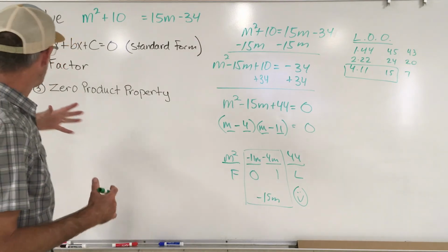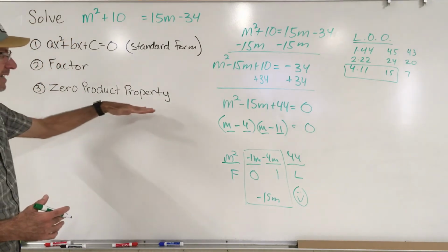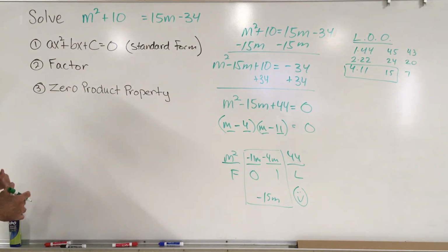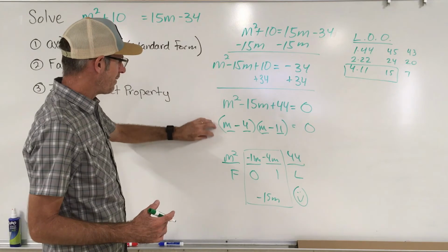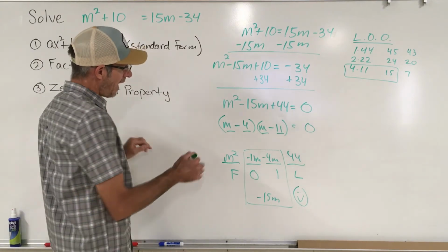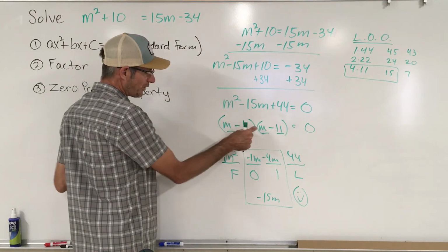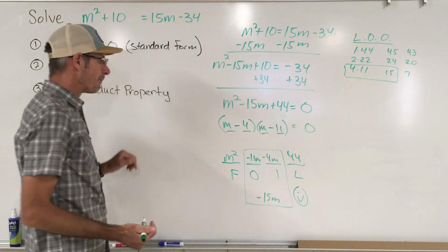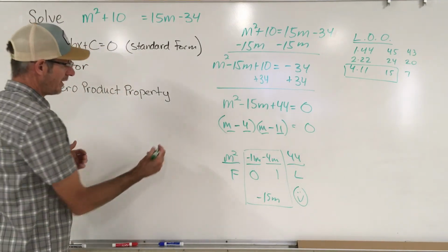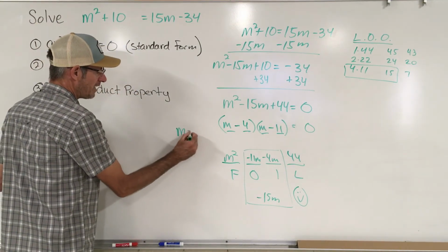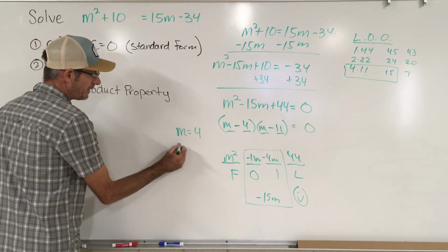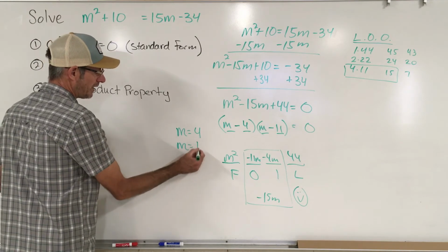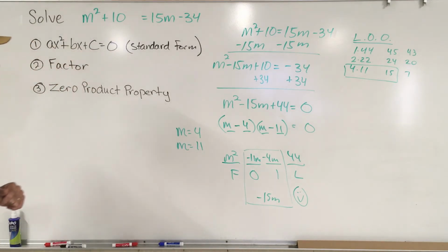So now I have to use the zero products property to find the solutions to this equation. It looks like there's no m in front of the parentheses. My coefficients in both cases are unwritten 1s, so I can just use the opposites. So my answers are m equals the opposite, which is positive 4, and m equals the opposite, which is positive 11, and those should be my two solutions.